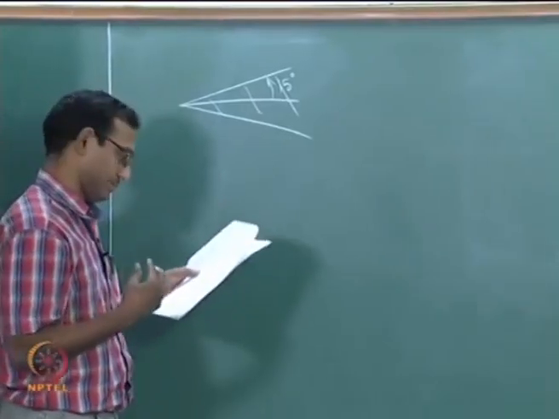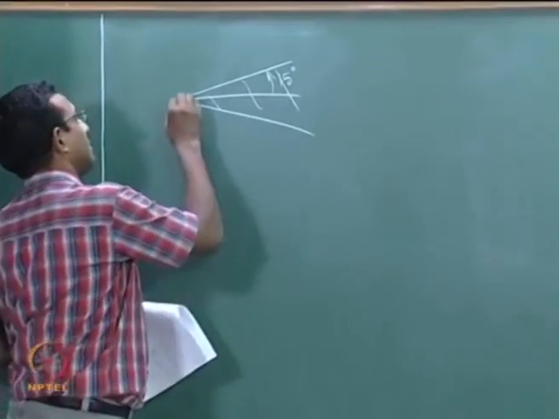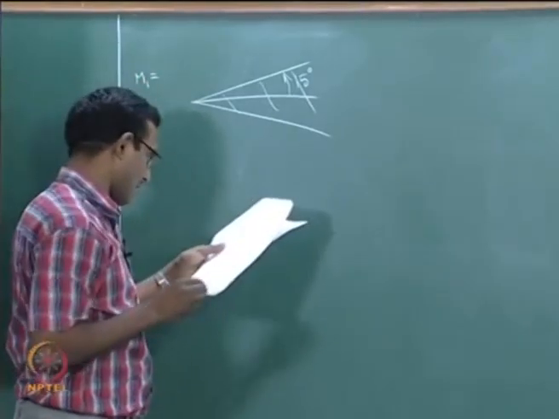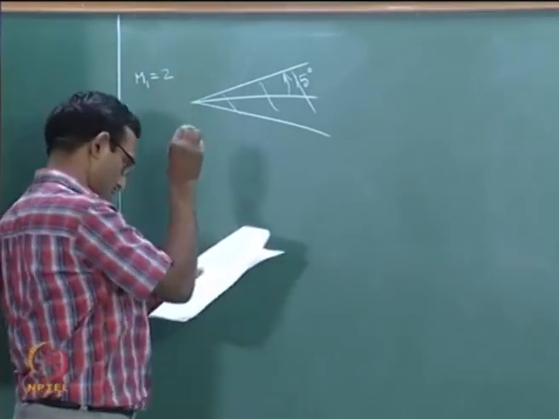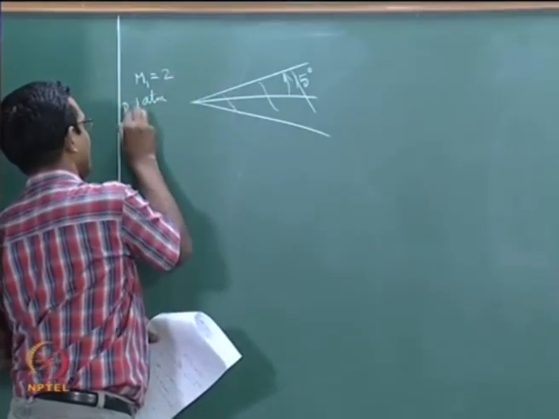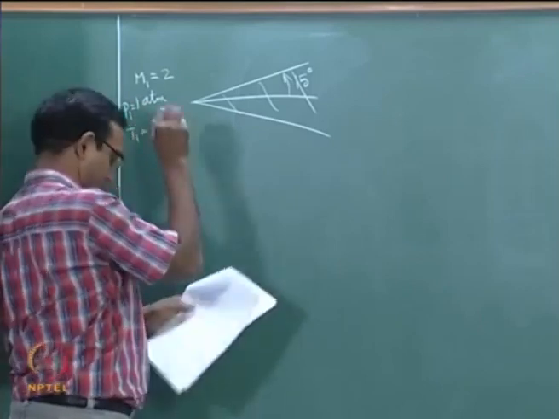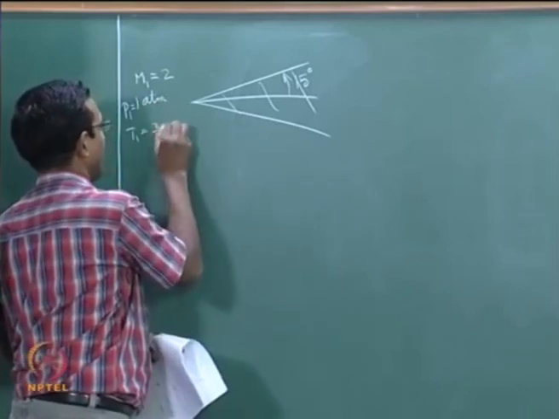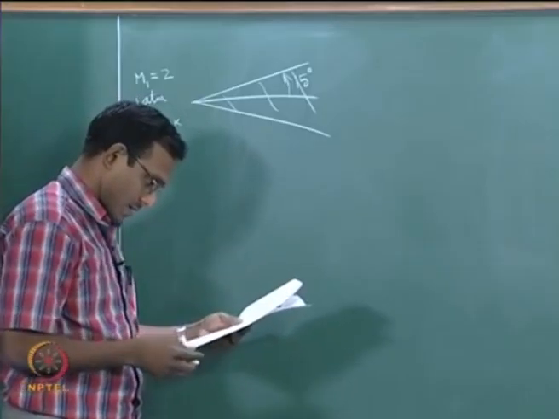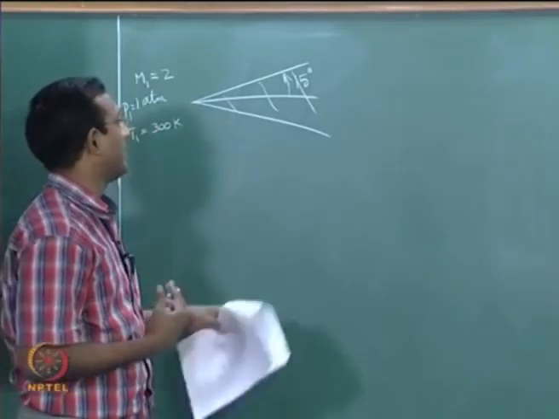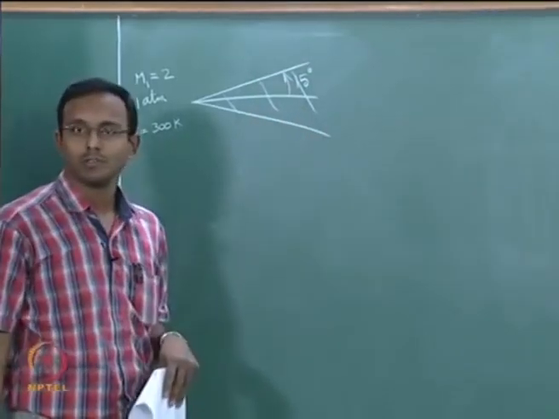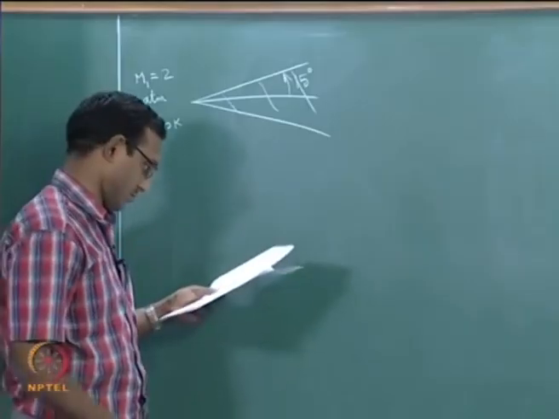It is a 2D problem, and my incoming Mach number is 2, with 1 atmosphere static pressure, P1, and T1 equal to 300 Kelvin. And we want to find all the properties at this point close to the wall on the wedge.